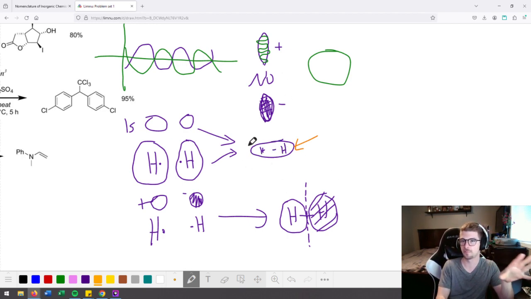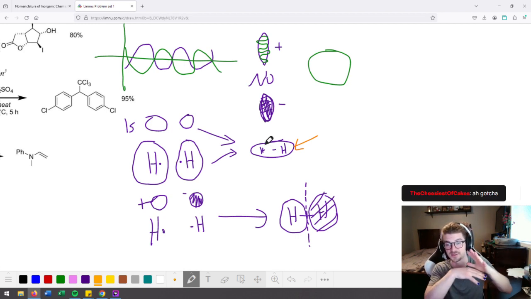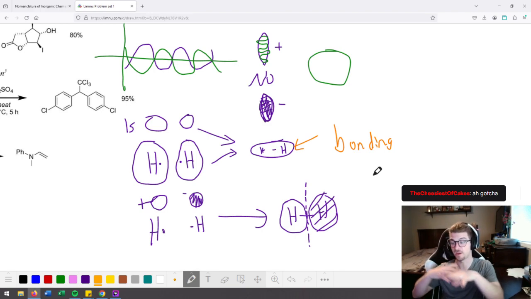So if you have an overlap of orbitals and there is continuous electron density along the bond, across the entire bond, that's called a bonding interaction. This is an interaction of electrons that holds these two atoms together.